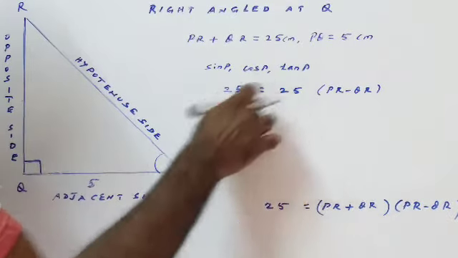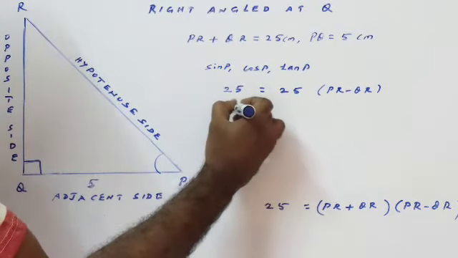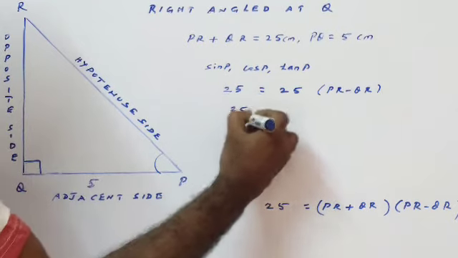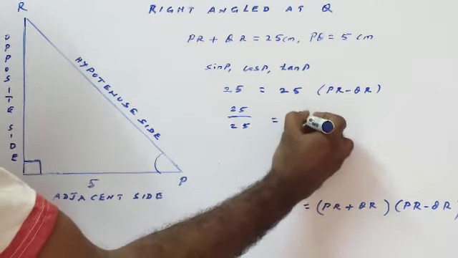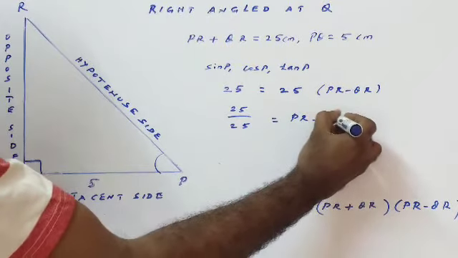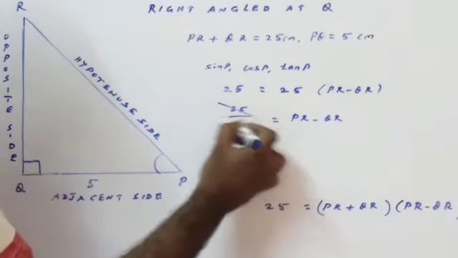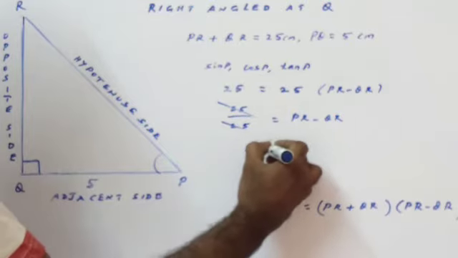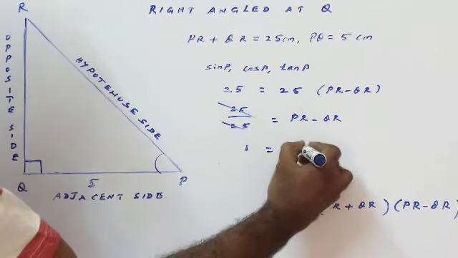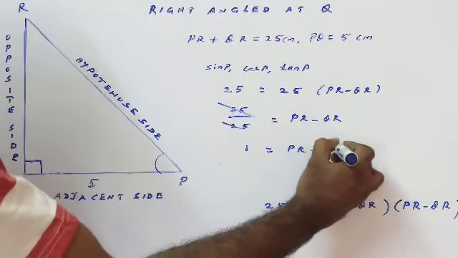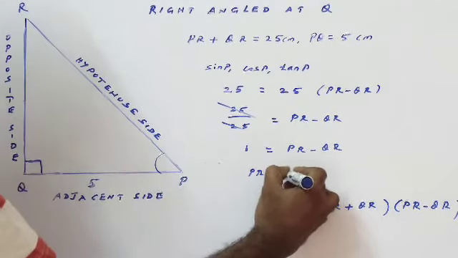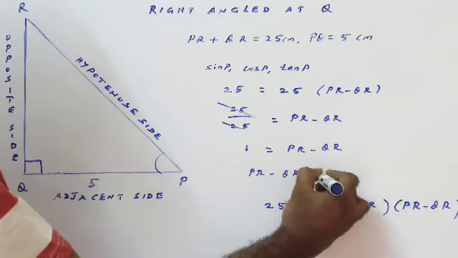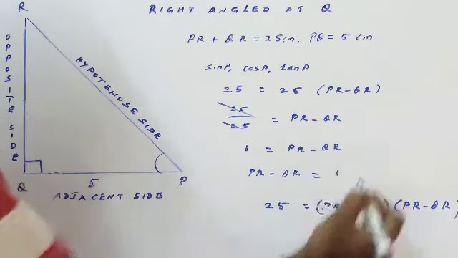And now cross multiplying, 25 by 25 equal to PR minus QR. Now cancelling these two, we get PR minus QR equal to 1.